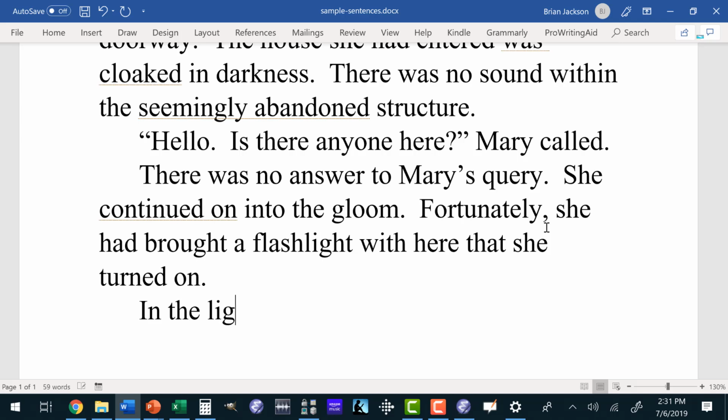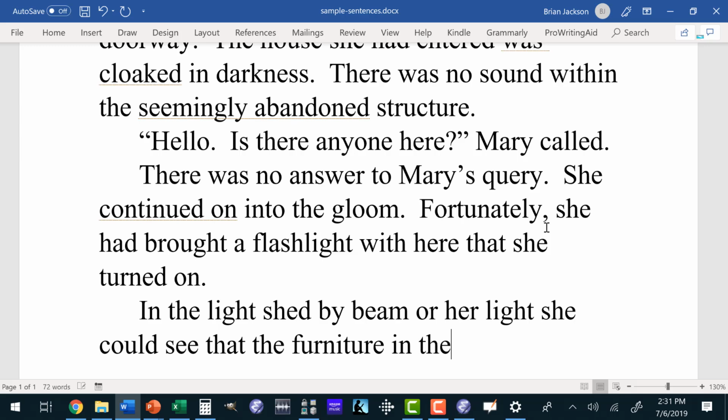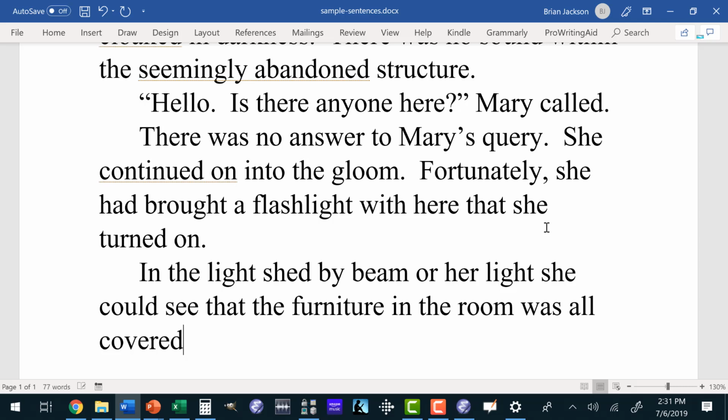In the light shed by the beam of her light, she could see that the furniture in the room was all covered with dusty white sheets.